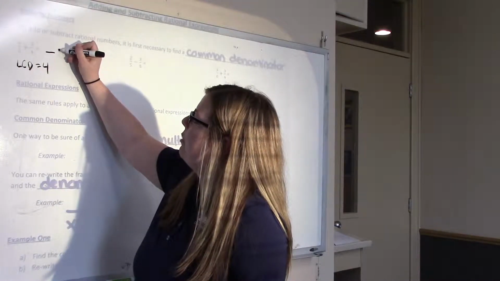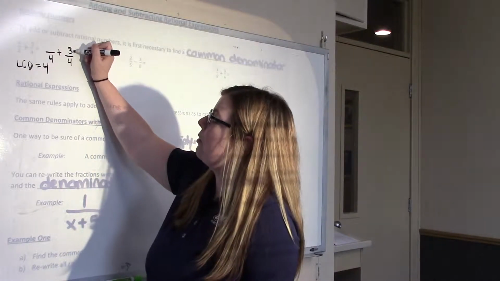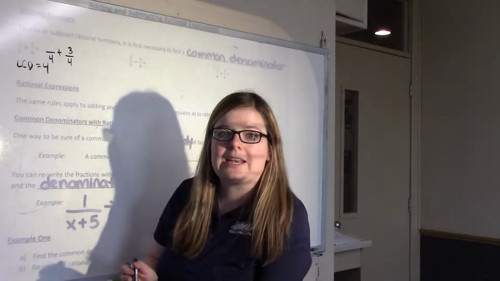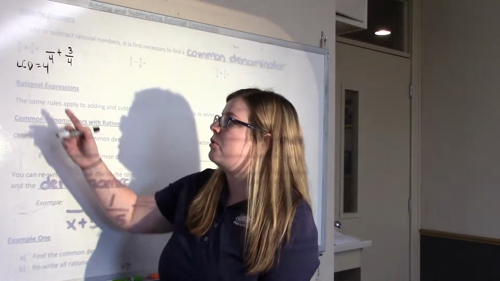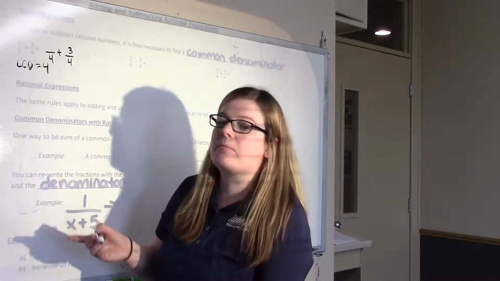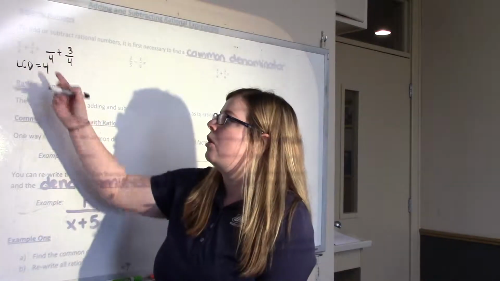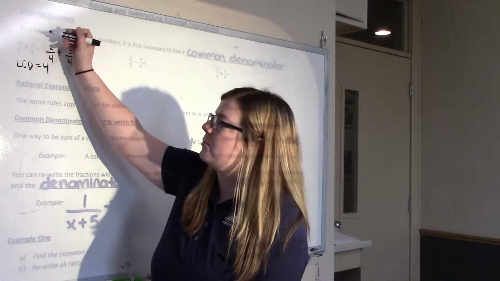So you write both of the fractions with that denominator. Okay, so 3/4 stays the same. But now 1/2 has to be written as the same fraction with a denominator of 4. So to get from 2 to 4, I multiplied 2 by 2. And so I have to do the same thing to the numerator. 1 times 2 is 2. So 2/4 is the same thing as 1/2.